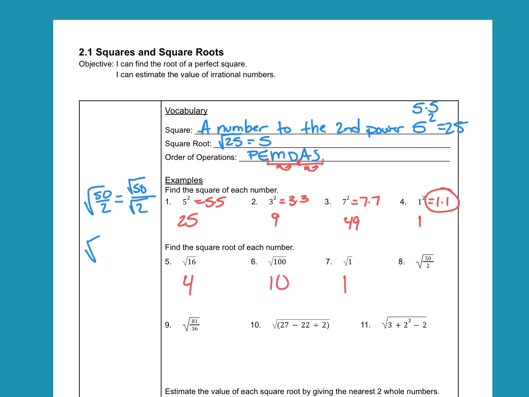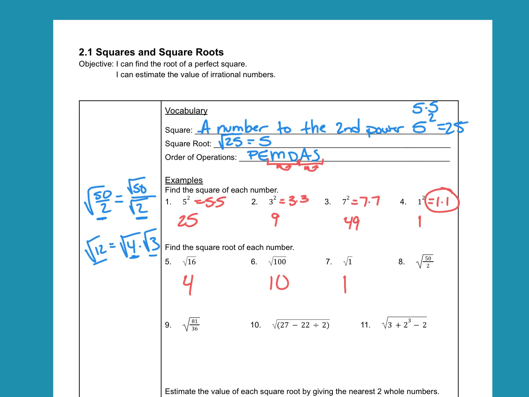If I had square root of 12, I could split that up into square root of 4 times square root of 3. So you can divide square roots separate or as a whole. So here's them divided separate, here's them put together as one square root. And when you multiply 2 square roots together, it turns into one bigger square root. Okay, it doesn't work for adding and subtracting, but it does work for multiplying and dividing.